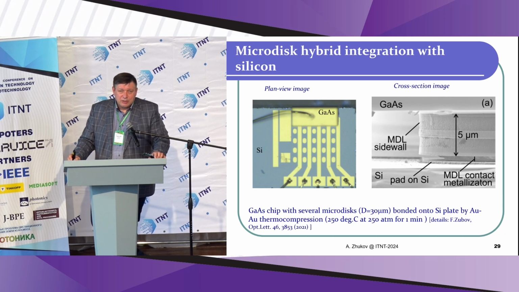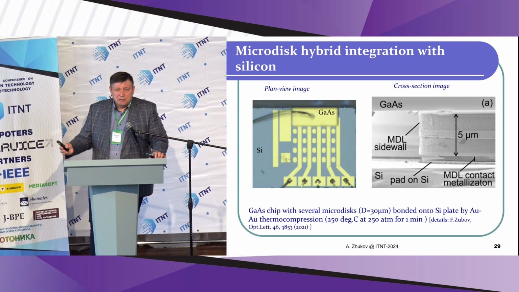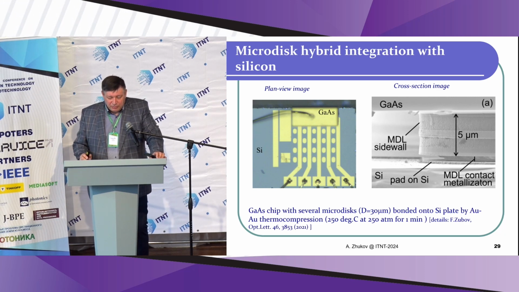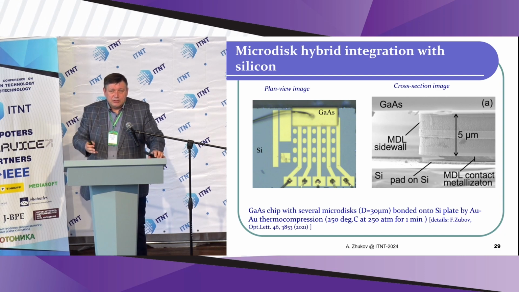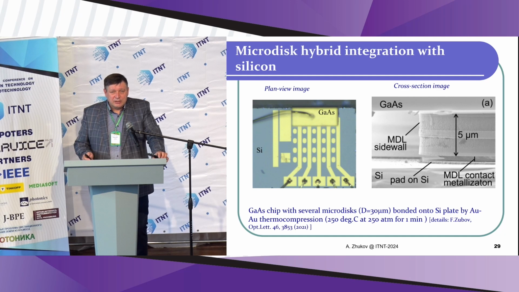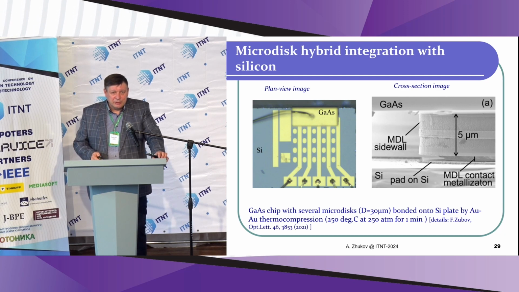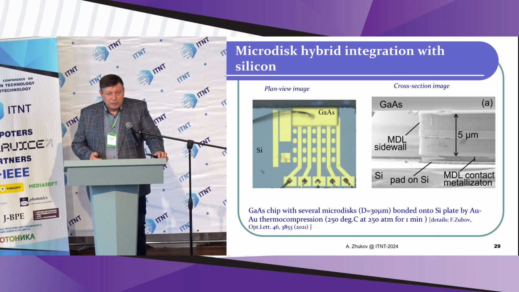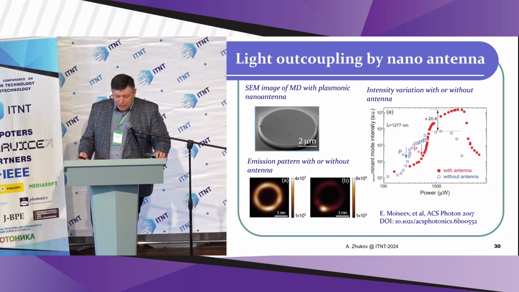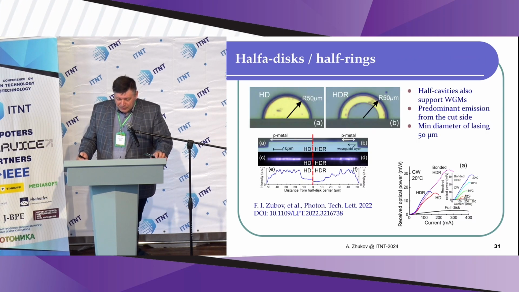This process is quite simple and can be compared with, for example, usual flip chip bonding with some modification, and this provides flexibility in fabricating lasers. The laser can be pre-tested before transferring onto silicon, and we also have no problem with defects associated with epitaxial growth.